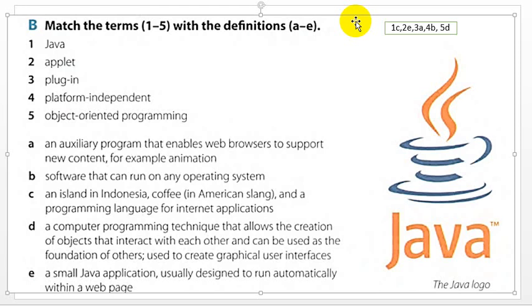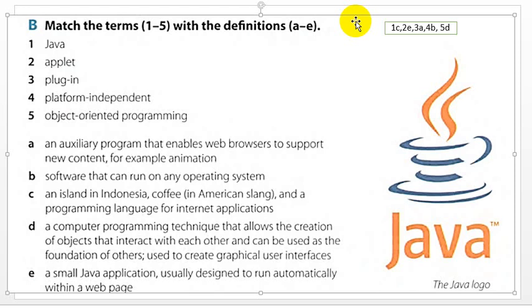And number 4, platform independent: software that can run on any operating system. Object-oriented program. What kind of program is it?